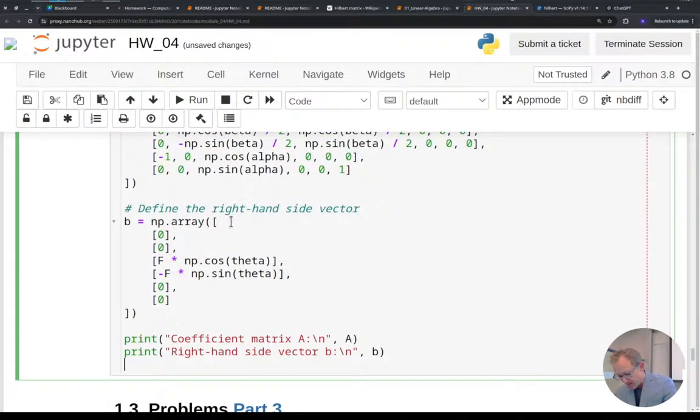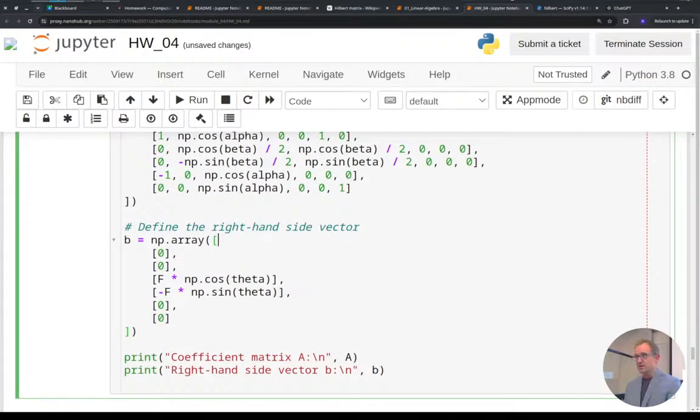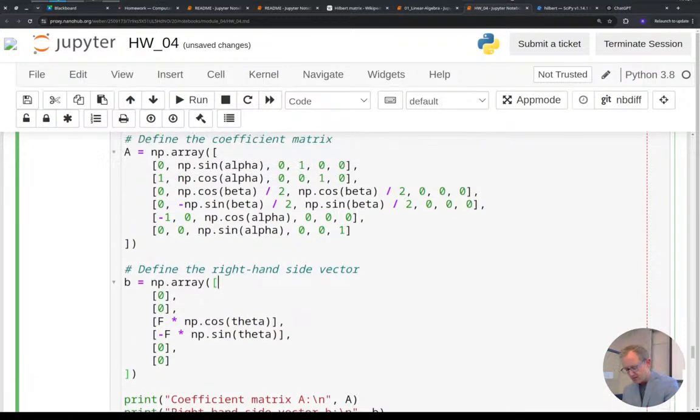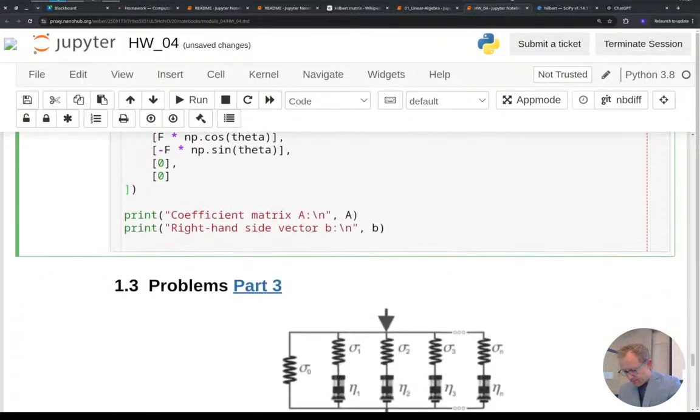I don't love the way it's making this B array, just because you don't need to define B as a whole bunch of bracketed rows like this. It doesn't have to be a column vector. It'll work, and I can always reshape it after the fact. Whenever I've done it, it's given me a row.